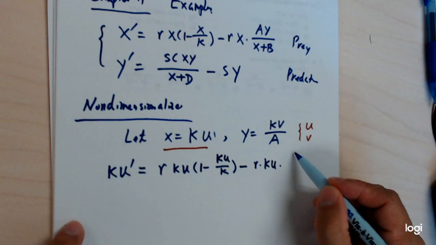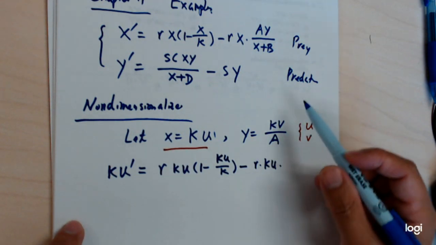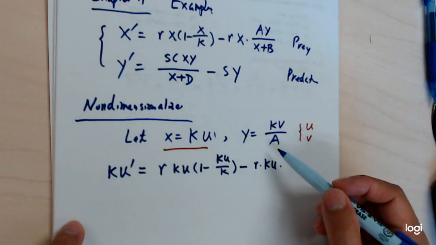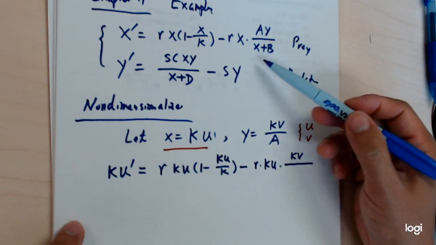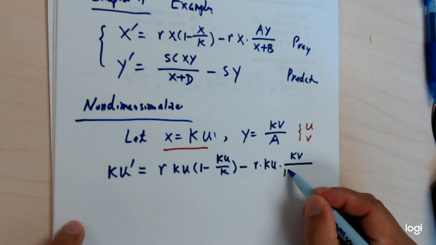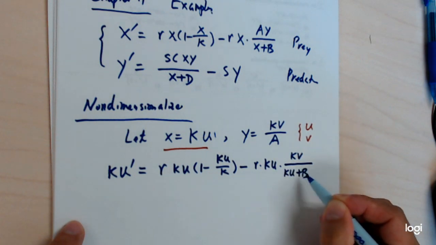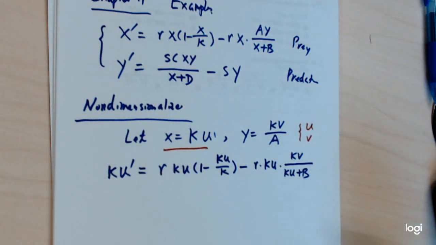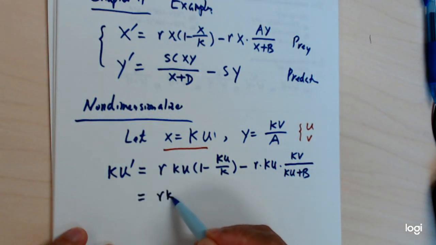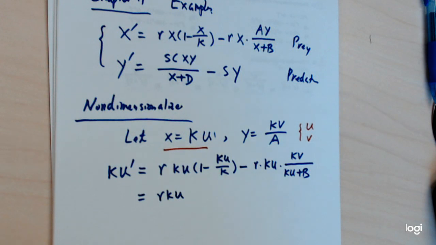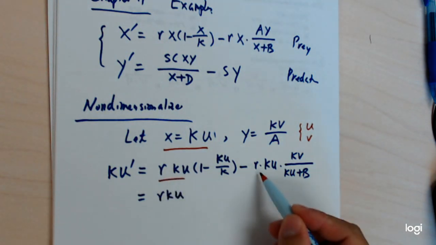Obviously, the ay here is identical to kv, so I put that on the top. Once again, x is ku plus v. And then I can factor out rku. Factor this out.